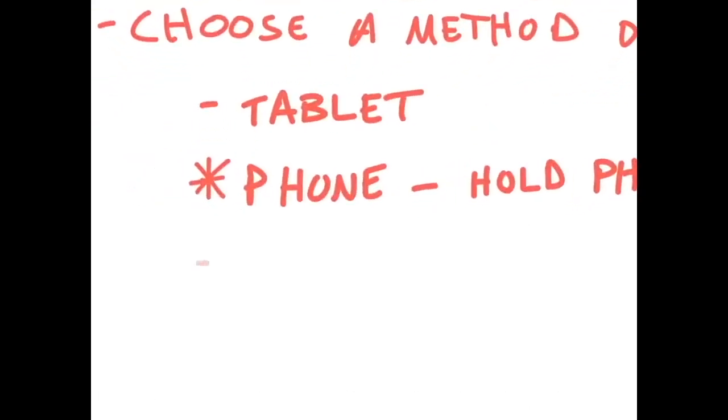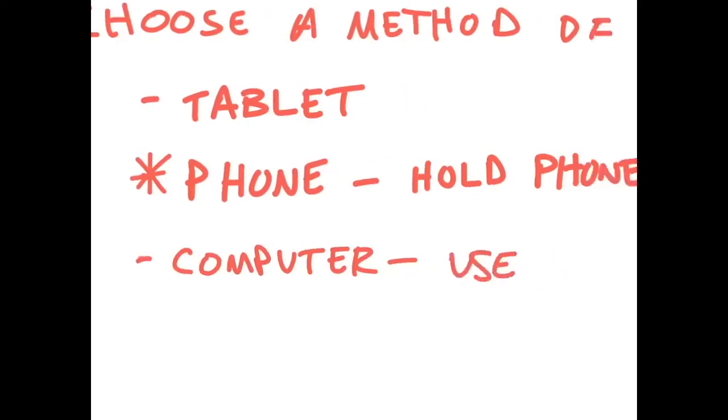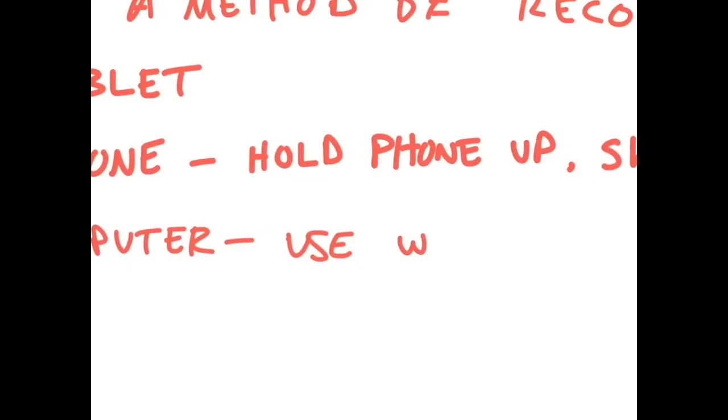The other thing that you can do is use your computer. Your computer has a webcam, so you can use your webcam and a whiteboard. I'm noticing that some of you have already taken one of my classes and you're familiar with that process.